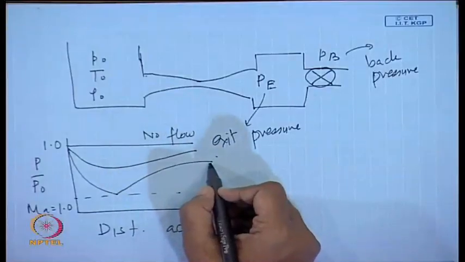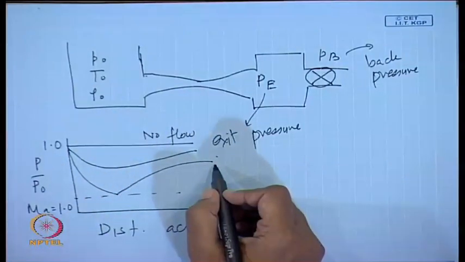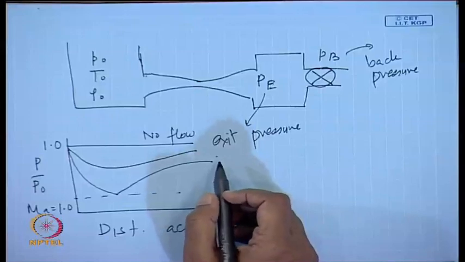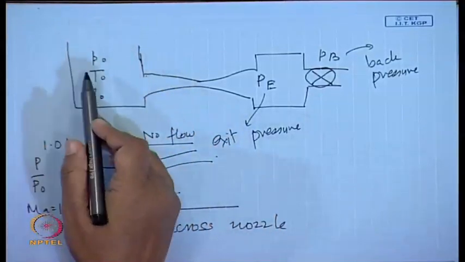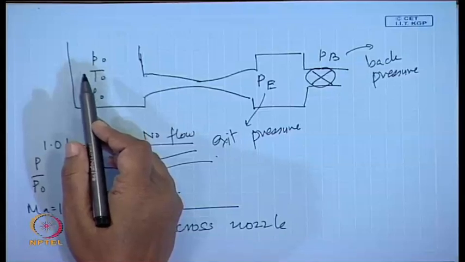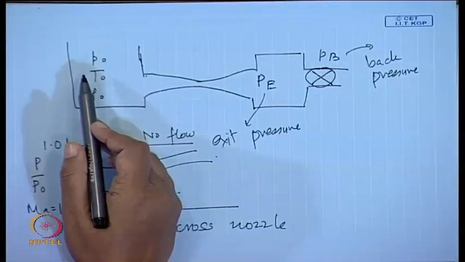The moment we have sonic condition at the throat, we then have supersonic conditions here. So, under this condition the flow rate is maximum. For this given nozzle and these stagnation conditions, we cannot increase the flow rate any further.